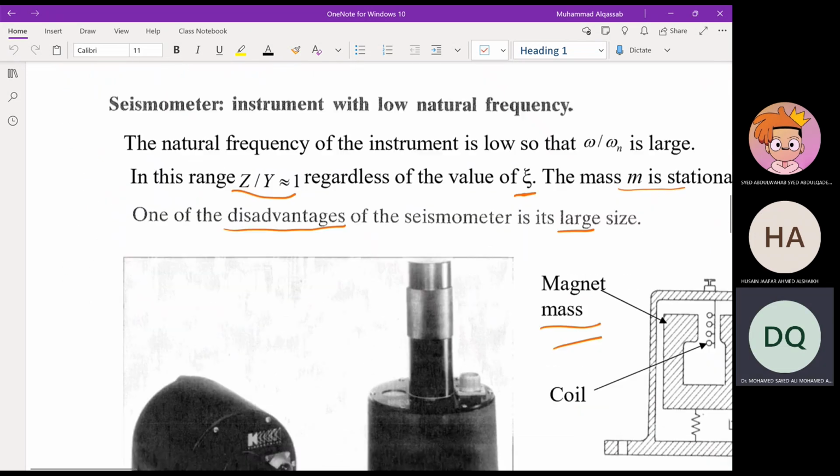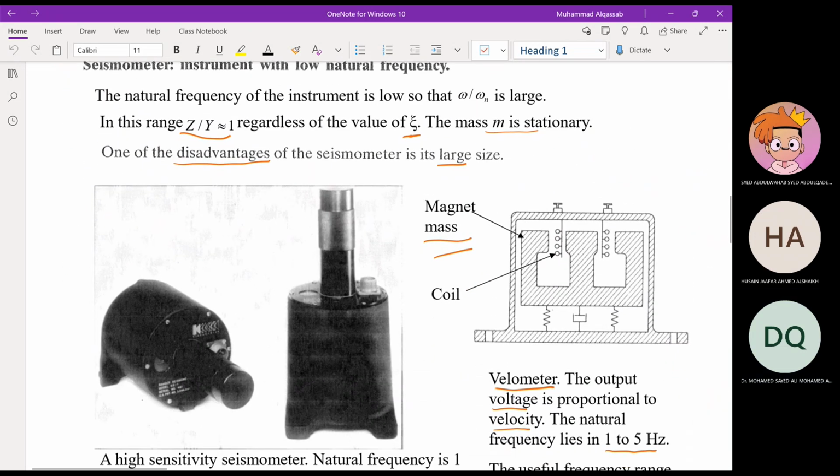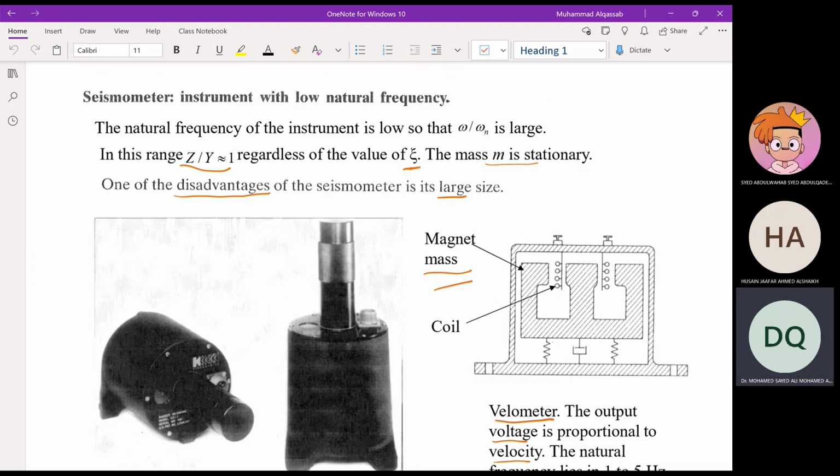And then we started last time talking about each one of them. So there are two basic things, two sensors: seismometer and accelerometer. The seismometer is the instrument with low natural frequency. In this case, we have Z over Y almost 1.